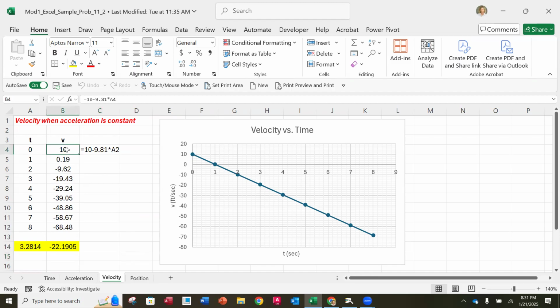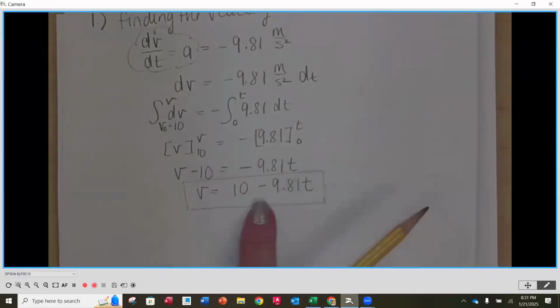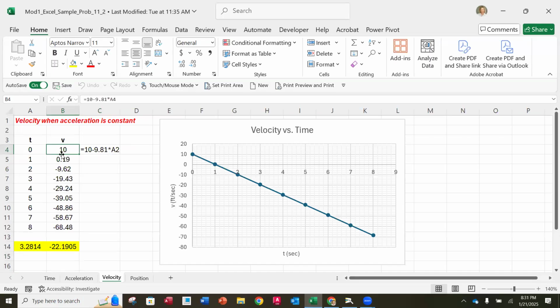And what you want to do is program your velocity cell at the top here to be V is equal to 10 minus 9.81t. So it's this equation right here that we're going to use for the cell right here.